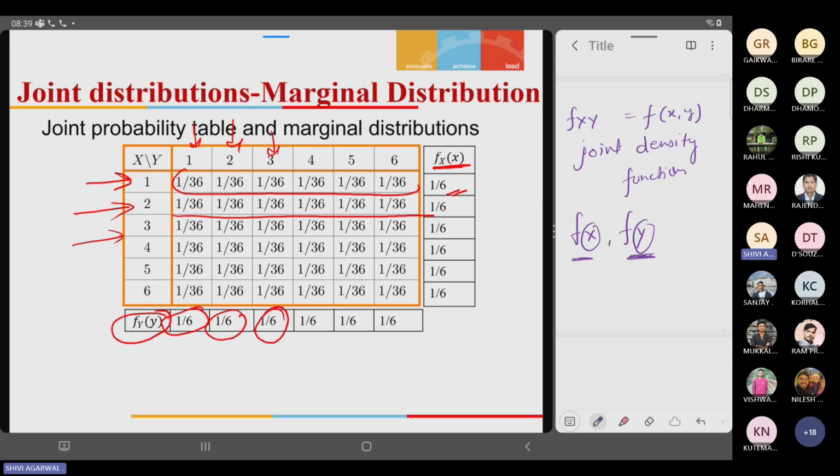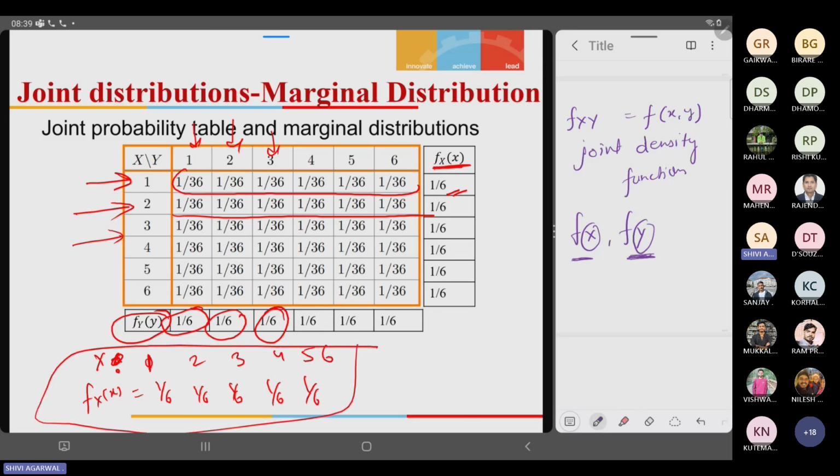So we can write here x is equal to 1, 2, 3, 4, 5, 6. So fx becomes 1 by 6, 1 by 6, 1 by 6, 1 by 6, 1 by 6 here. Can you recall this, which we did in chapter 4?